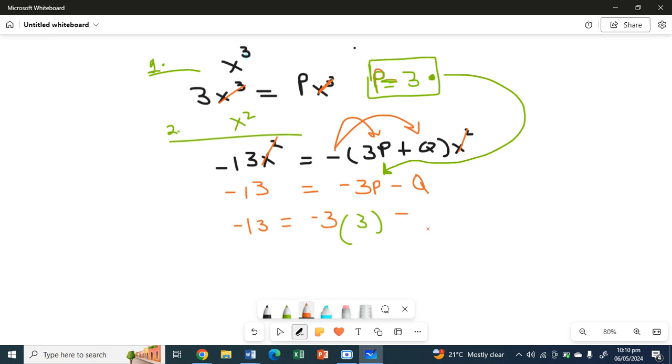So negative 3 times 3, you get negative 9. Minus q equals negative 13.